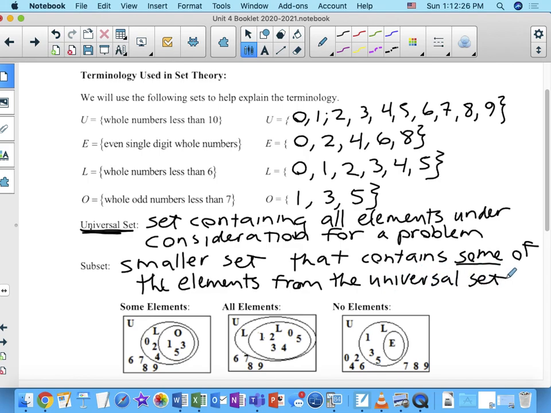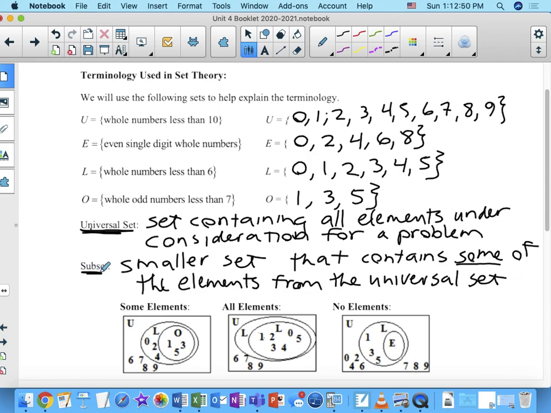So on a global scale, we may be talking about the universal set being all students at Central Memorial High School. And a subset of that larger set are the students in this class in Math 30-2. That would be a subset of the universal set of students at Central Memorial High School.